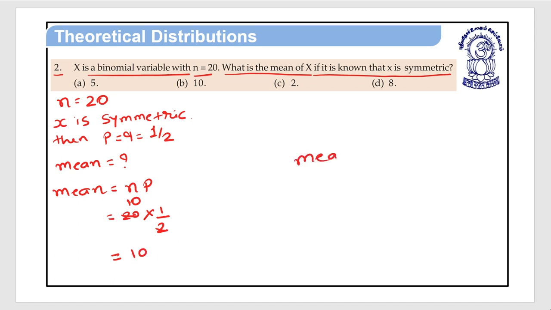So mean is equal to 10. Compare with the options: A 5, no; B 10, yes. So option B is the right answer.